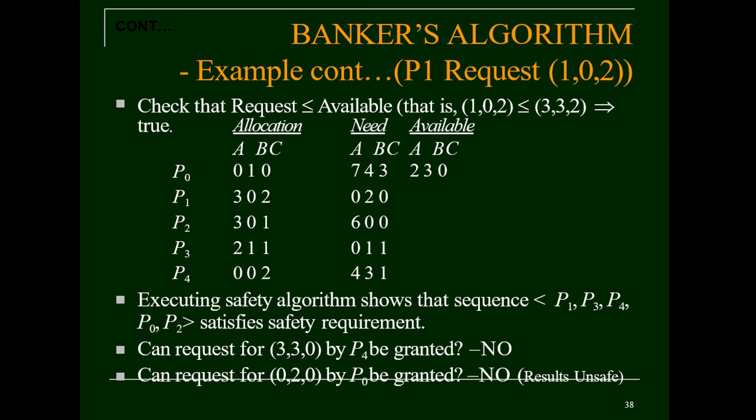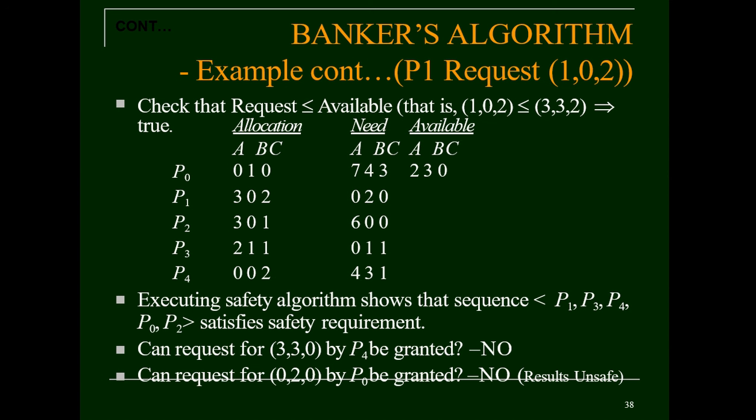As 102 is less than or equal to 332, we can allocate 102 to process P1. After allocating, P1 is 302. Now the available resources are 2, 3 and 0. Now executing the safety algorithm shows the sequence P1, P3, P4, P0 and P2 satisfies the safety requirements.